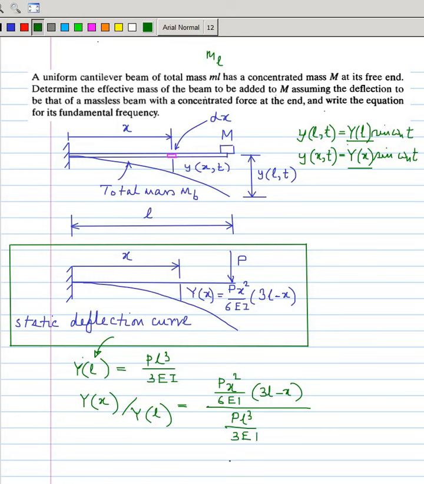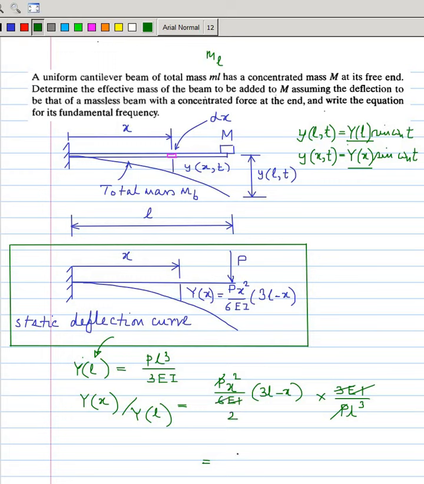So P goes, EI goes, 3 goes into 6 giving 2.